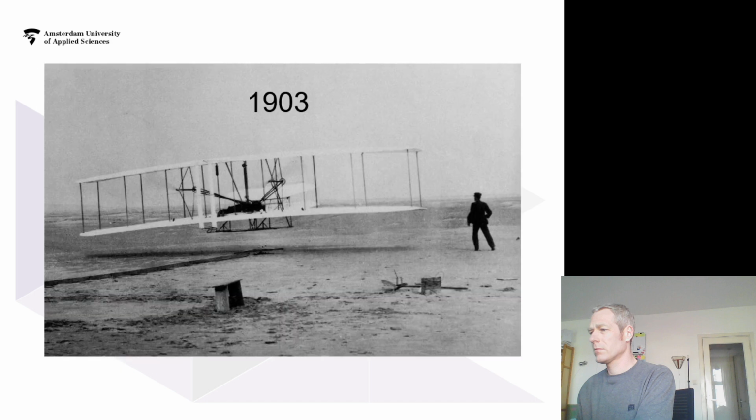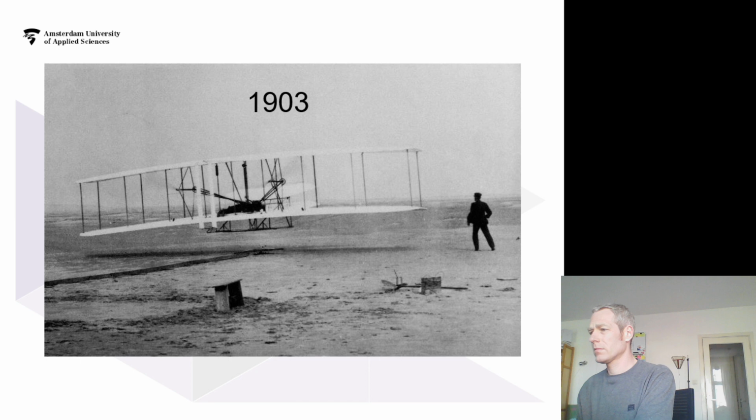Now in 1903 the Wright brothers had the first powered flight, and of course, because there was nothing else besides the control inputs, this was a hand-flown flight. And as aviation developed, there was more need for automation.